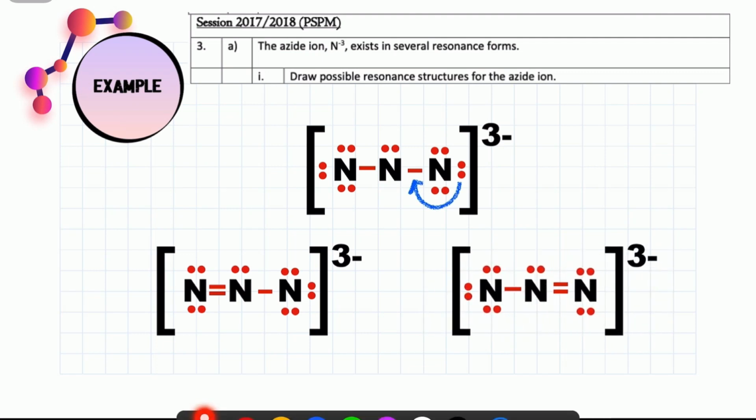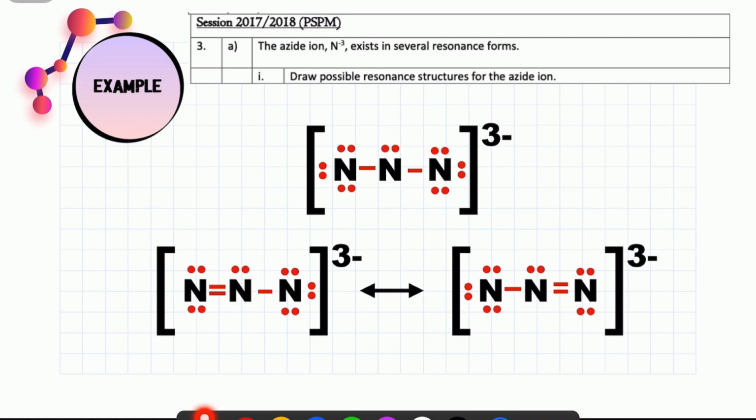So when it forms these two structures, these two structures are resonance structures, and we show the connection between these two structures by using the resonance arrow. And this structure can form this structure when the lone pair or the bonding pair here forms a lone pair on the nitrogen, so it will form a lone pair here, and then this nitrogen will use one of its lone pairs to form a bond with the center atom, so a double bond will form here.